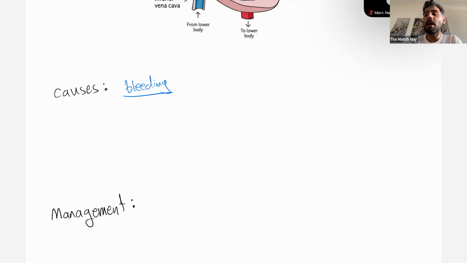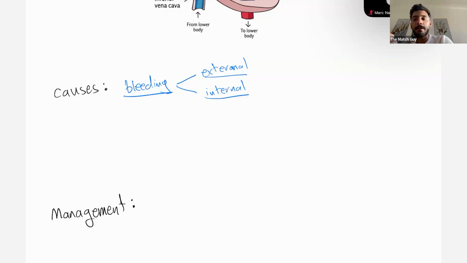And this bleeding can either be external bleeding or internal bleeding. So you're losing blood from the blood vessels. There is a defect somewhere, and you're losing blood through that defect, which can be external, so to the outside, and this should be a very obvious source, or sometimes internal bleeding, which is not as obvious.